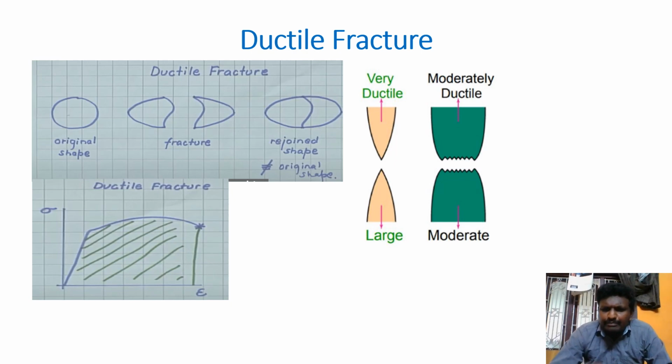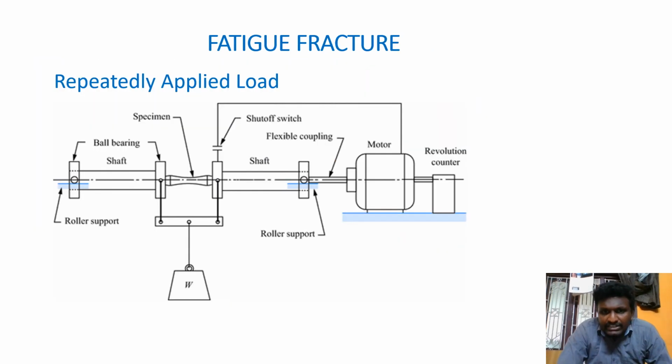In simple words, brittle fracture is a rapid propagation of crack, and ductile fracture is a slow propagation of cracks.